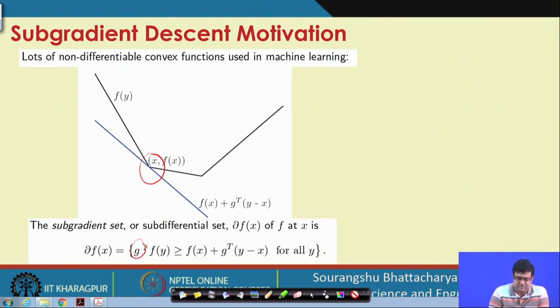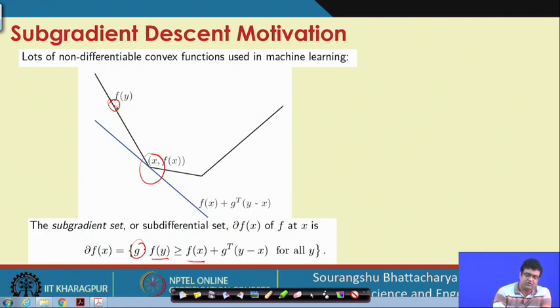all g, so all vectors g such that f of y is greater than f of x plus g transpose (y minus x).